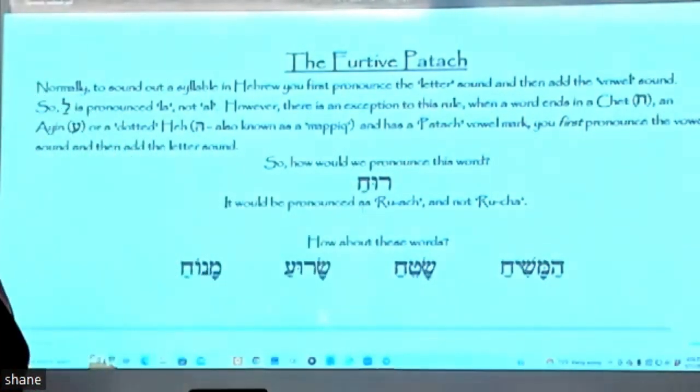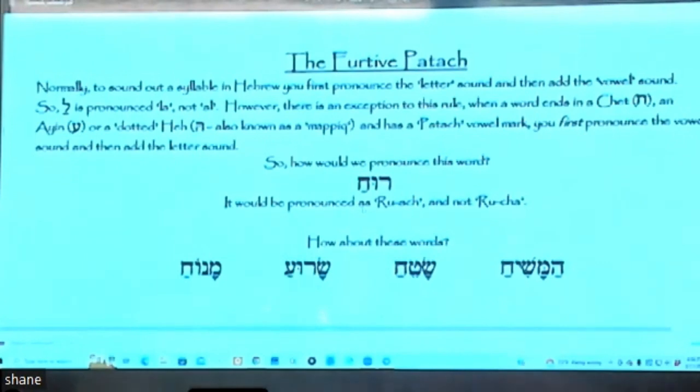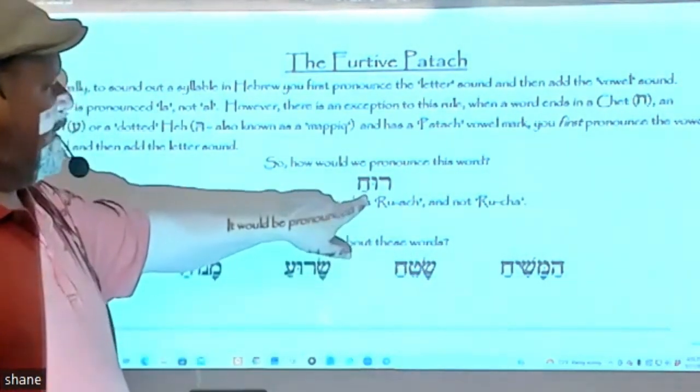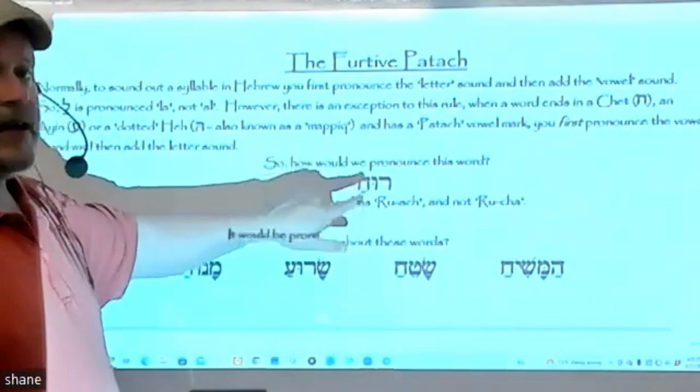So since this is a het and it's at the end of a word and it has a patach underneath it, instead of pronouncing it consonant, vowel, so it would make a ha sound, we're going to flip that. This is a furtive patach. We're going to flip it because it's following these rules. So we pronounce the vowel sound and then the consonant sound.